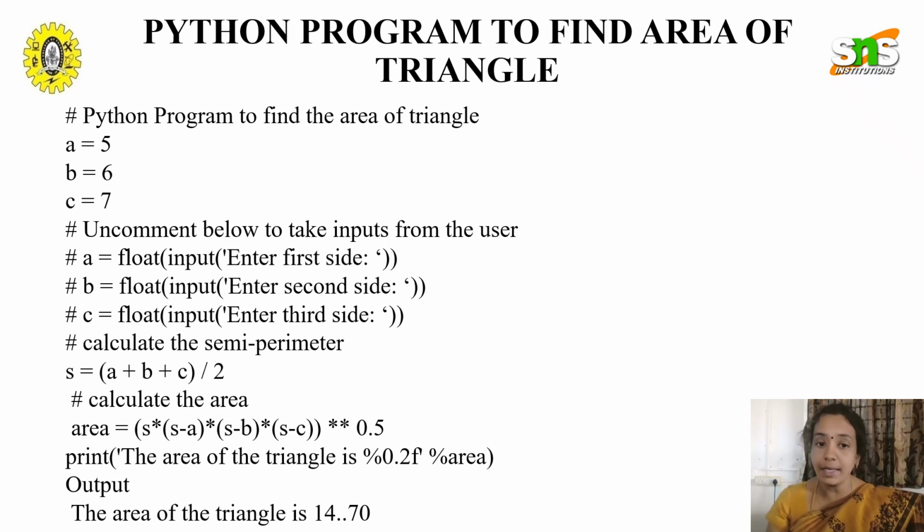Print the area of the triangle is percentage 0.2f, which means that I want the output to be to two decimal places only. So the area of the triangle is 14.70.